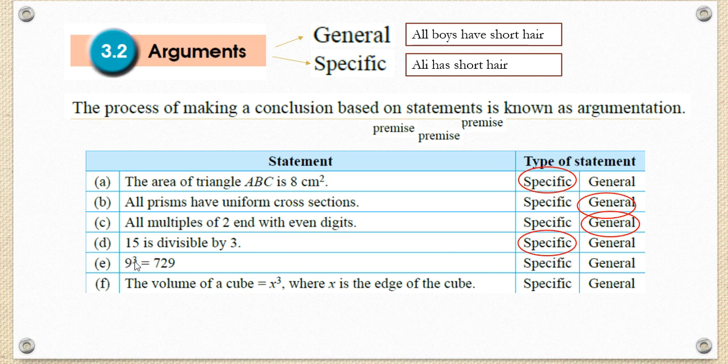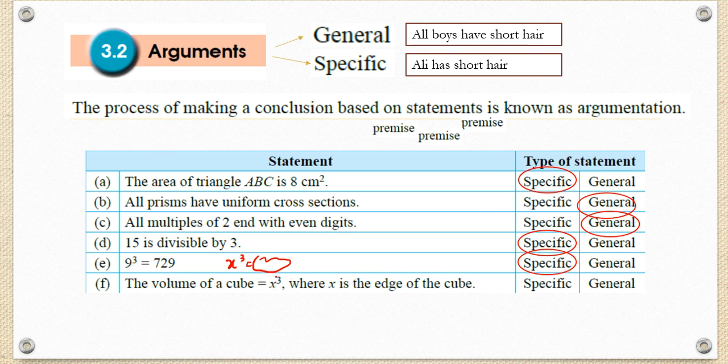And 9 cubed equals 729. This is also a very specific statement. It's not about x squared equals something. They give you a very specific number here, so it's specific. Next, the volume of a cube is x cubed, where x is the edge of the cube.